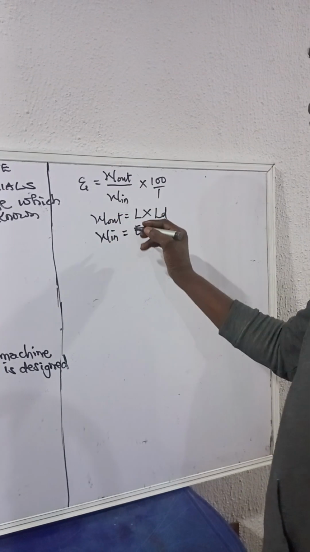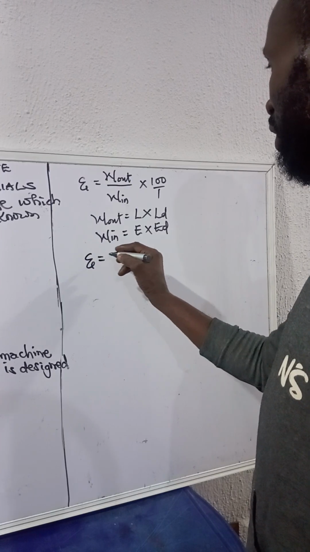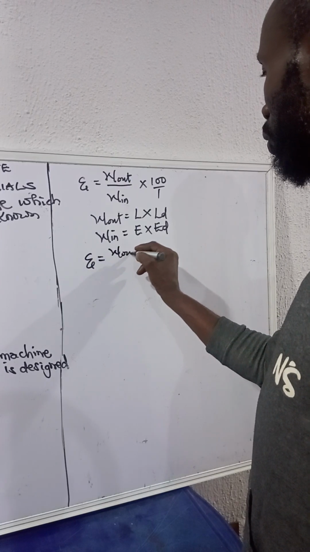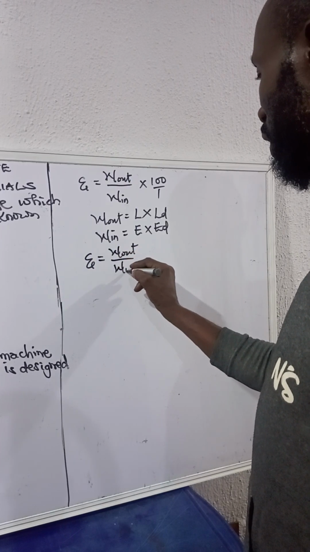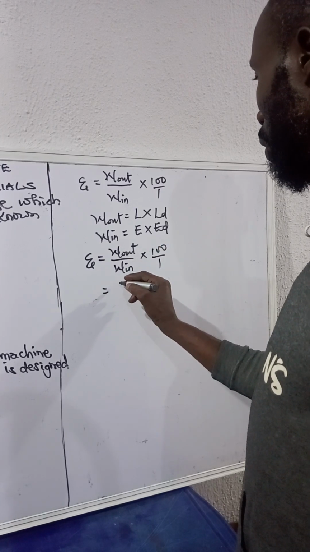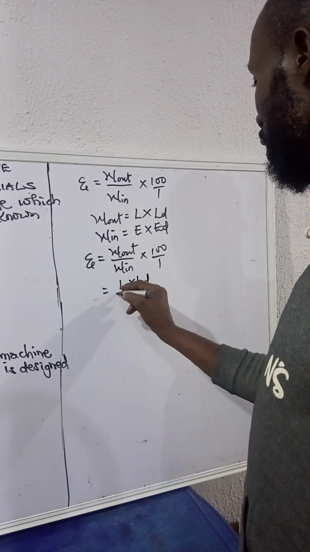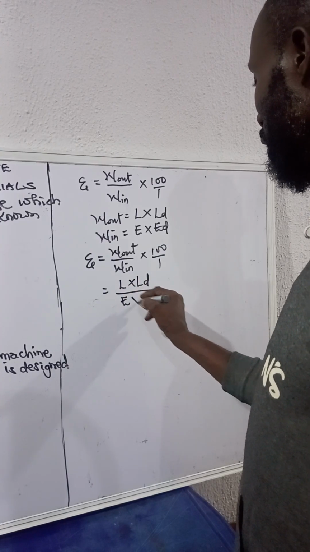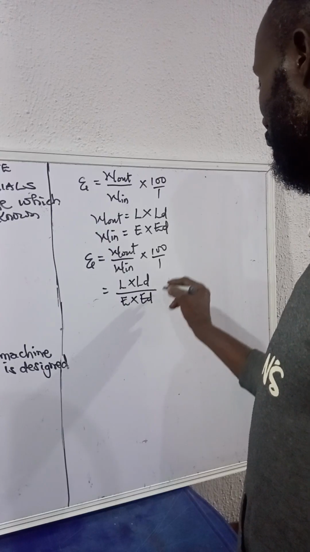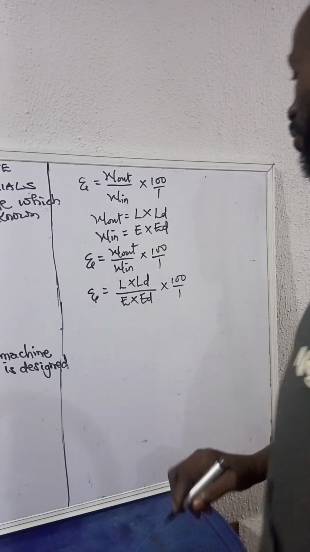So now incorporate these two into the original relation. Efficiency equals work out over work in times 100 over 1, equals load times load distance over effort times effort distance times 100 over 1. So that is our efficiency.